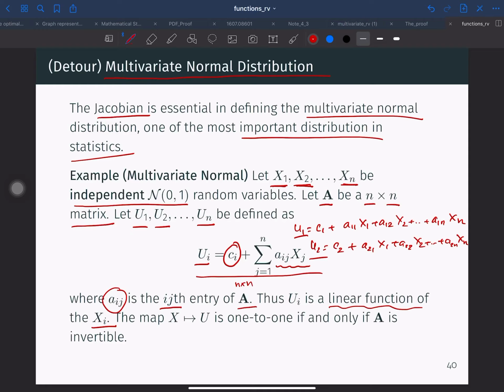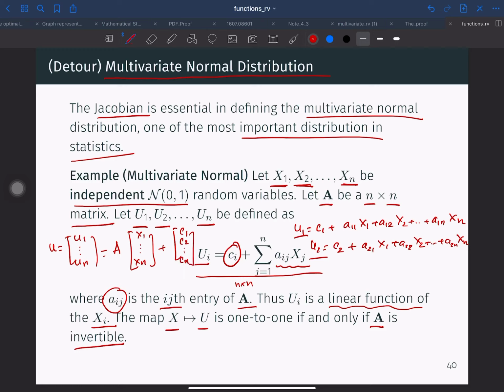So the map from x to u is 1 to 1 if and only if the matrix A is invertible, because then I can think of the vector U, U1 up to Un, as written as the matrix A times the vector X1 up to Xn, plus the vector of constants C1, C2 up to Cn.